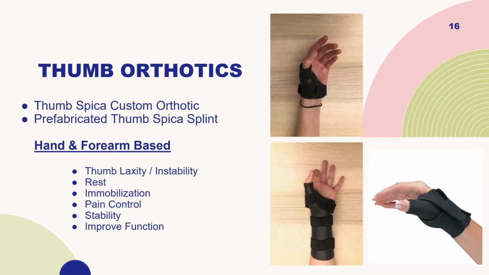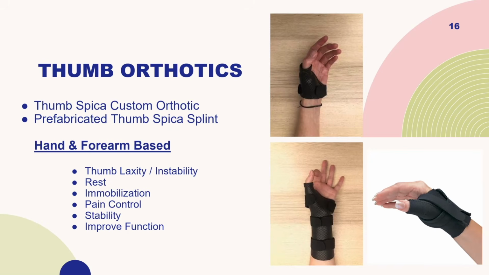Thumb splints. So there are two different types of thumb splints as well. There is a hand-based thumb spica splint in the top photograph, and then there is a forearm-based thumb spica. The hand-based does not include the wrist, and the forearm-based obviously includes the wrist. So determining which splint, again, we're going to assess the patient and determine which one is more appropriate for them. The hand-based one allows increased function because it allows the wrist to move.